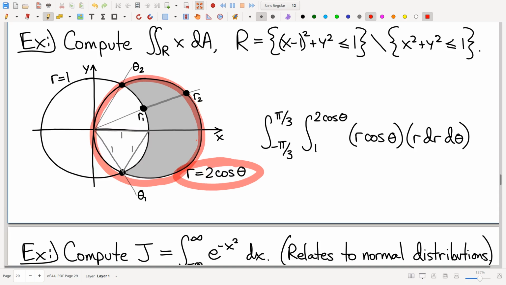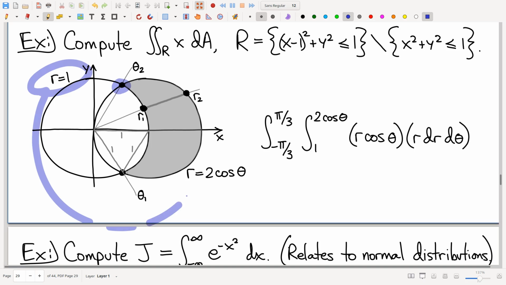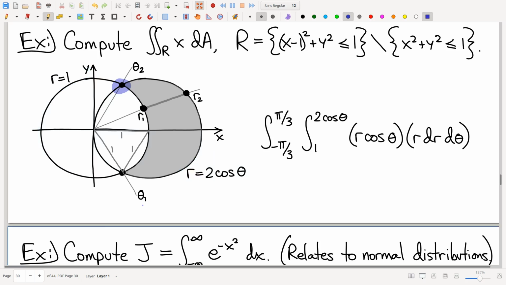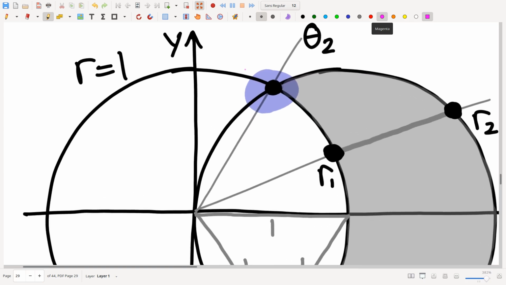Yeah, right. Could you just walk through how you got the pi over 3 and negative pi over 3? Yeah, that's what I'm working on right now. Okay, so again, one thing you can do is you can understand this point as coming from these two equations and solve for theta, right? But the better way, what I think is easier, cleverer, is to notice that that point is part of an equilateral triangle.